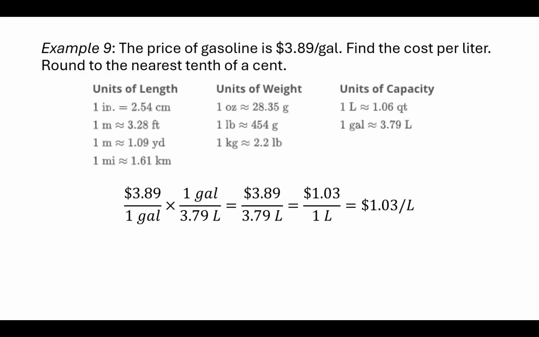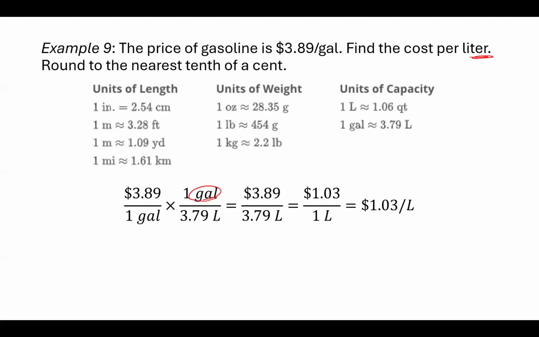If you still use exactly the same setup for making conversions, you would put the $3.89 on top. On the bottom of the fraction, you put the 1 gallon. And because you want to cancel the gallons, this time the gallons are on the bottom, so you need gallons to be on top. And I want to make a conversion into liter.